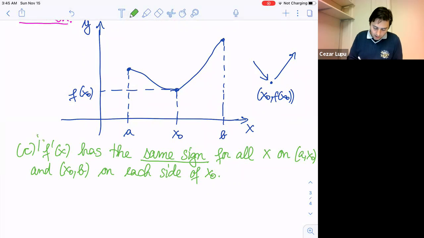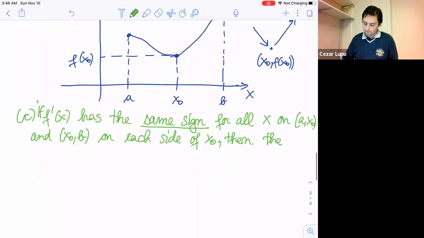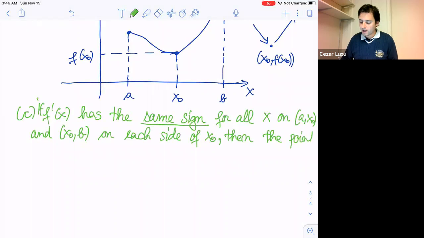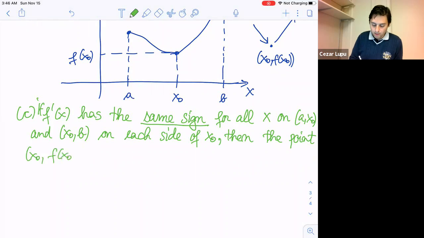So if this happens, then the point of coordinates x naught, f of x naught is not an extremum. Let me write it here: not an extremum point.